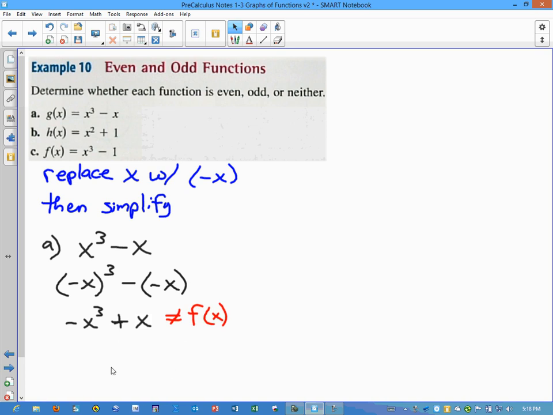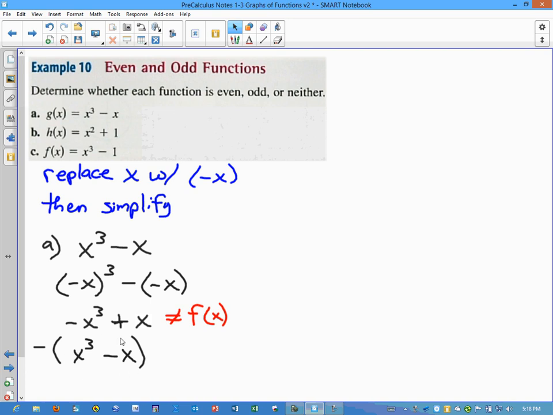So our next step is to factor out a negative sign. And if I factor out a negative, I pull a negative out, that creates a parenthesis, and it'll change the sign of each of these. So it becomes a positive x cubed and a minus x.